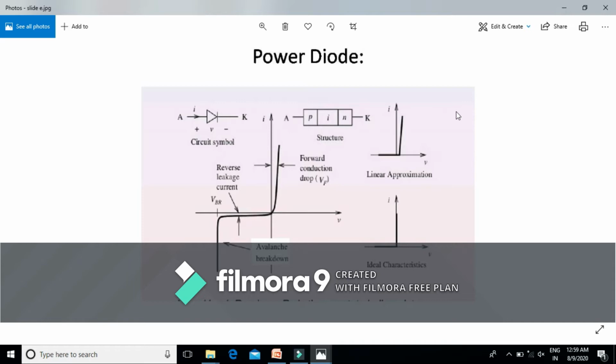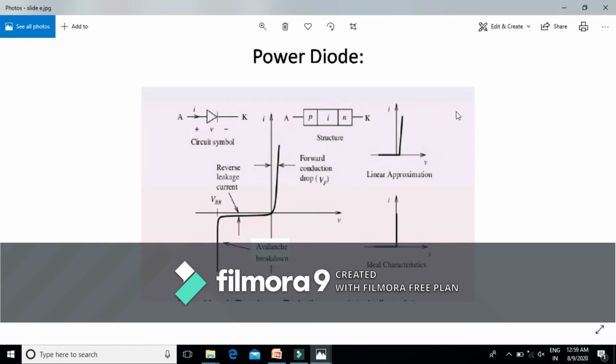Similarly, the current capability of a signal diode is from microampere to milliampere, while in a power diode, the current carrying capability is from ampere to kiloampere. Similarly, the power capacity of a signal diode is from some microwatts to some watts, while the power handling capability of a power diode is from watts to some kilowatts.